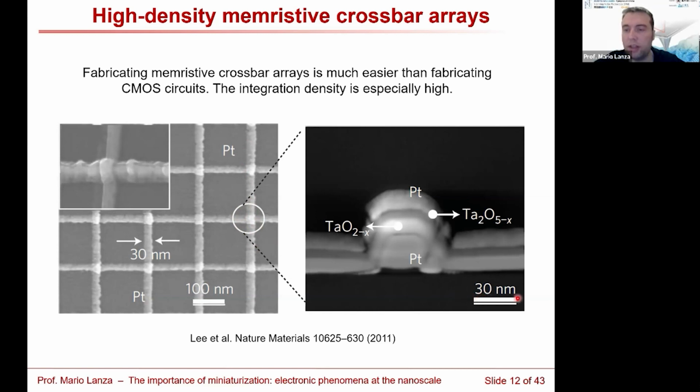This is only 30 nanometer. And here we could even put these wires much closer to each other to make this gap smaller, and then we could put more devices next to each other. This is a big advantage of memristors. They have a very high integration density if we make them very small.